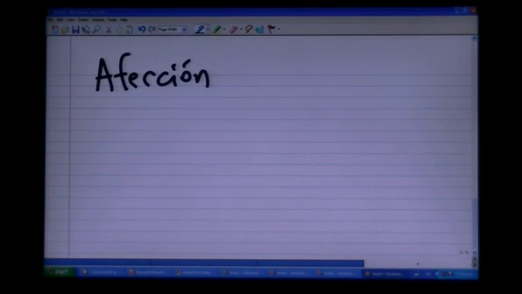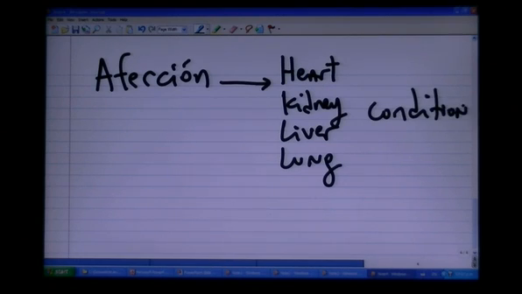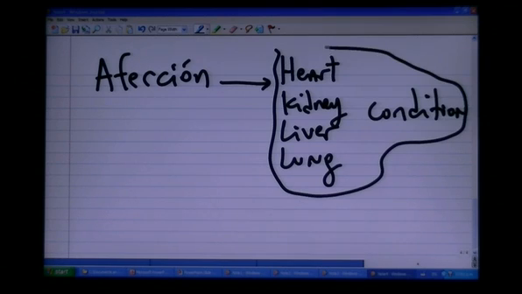Afección is a proper term. It's usually used for condition, of course, under very strict rules. If you have, for example, heart, or kidney, or liver, or lung, and then you have the word condition, in this setting, you can't really say una enfermedad del corazón.